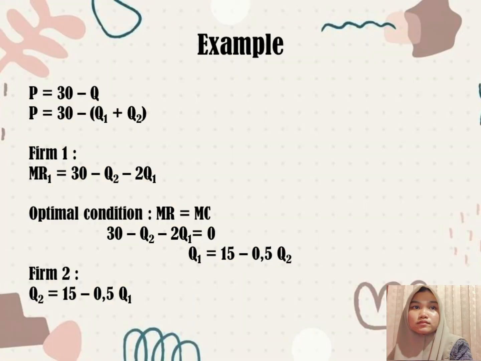For the explanation, we have P equals 30 minus K, and as we know before, K equals Q1 plus Q2, so P equals 30 minus (Q1 plus Q2). For firm 1, MR1 equals 30 minus Q2 minus 2Q1. The optimal condition is MR equals MC.